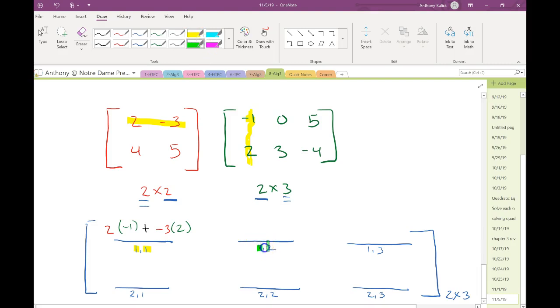Now I'm going to do this entry 1,2. So again, I'm using the first row, but now I'm using the second column. So I'm going to do 2 times 0, and then negative 3 times 3, and I'm going to add those two together.